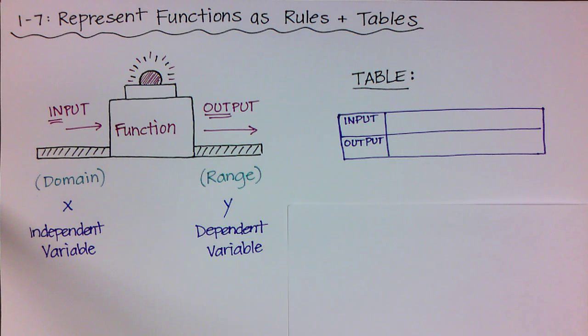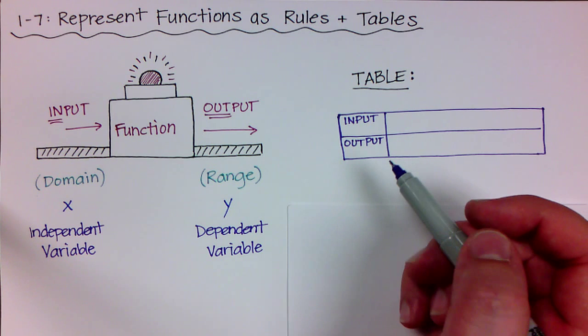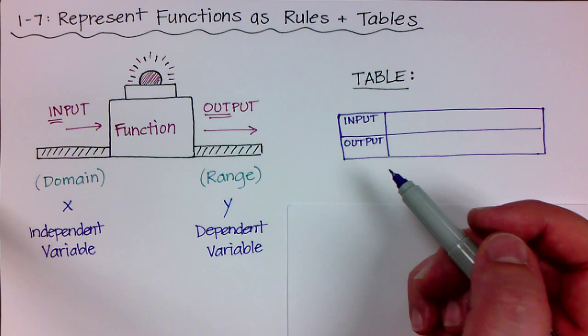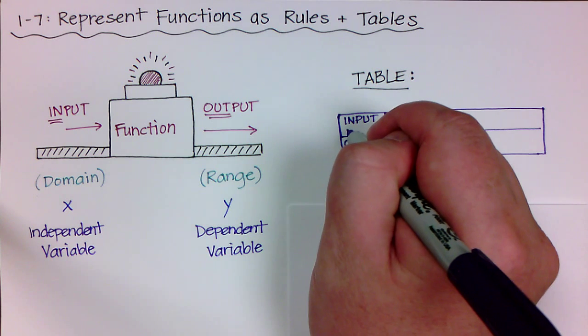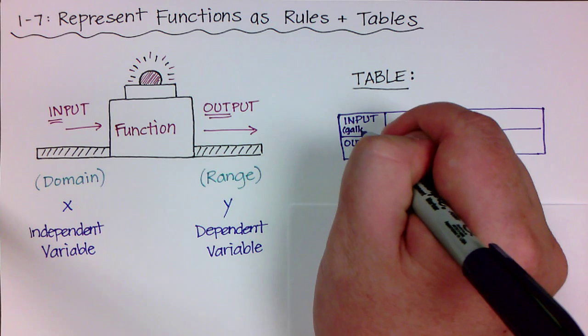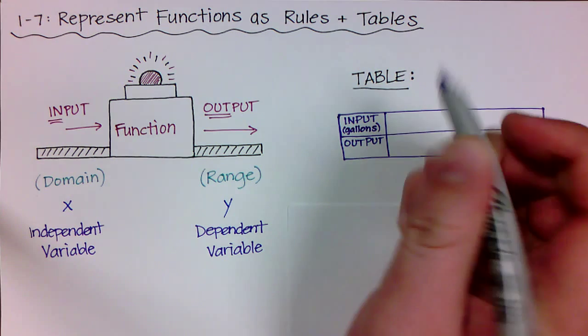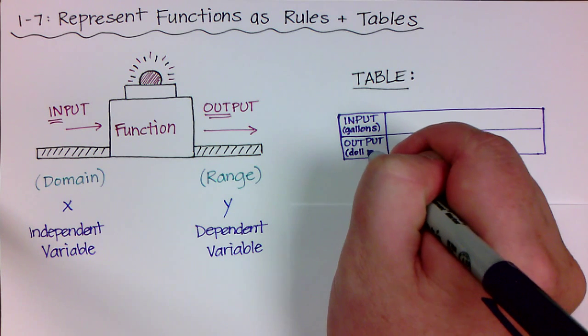Okay, I'm going to go ahead and make up an example for this one, and this is going to be maybe the number of gallons of gasoline that you purchase at a store and how much they charge you. So the input is going to be the number of gallons. So I'm going to write gallons here. And then the output is going to be the dollars, the amount that the machine is going to charge your credit card.